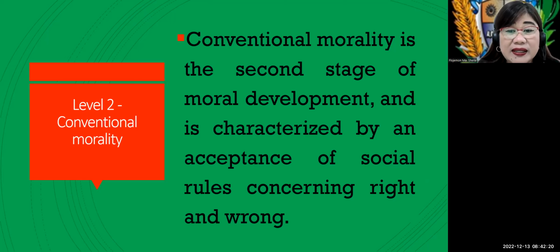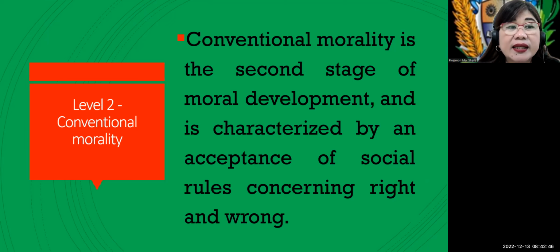It is the second stage of moral development, and it is characterized by an acceptance of social rules concerning right and wrong. So, at the conventional level, most adolescents and adults begin to internalize the moral standards of valued adult role models.